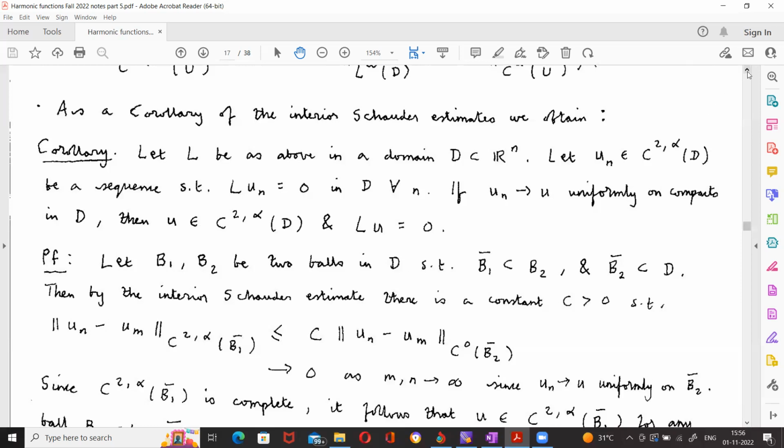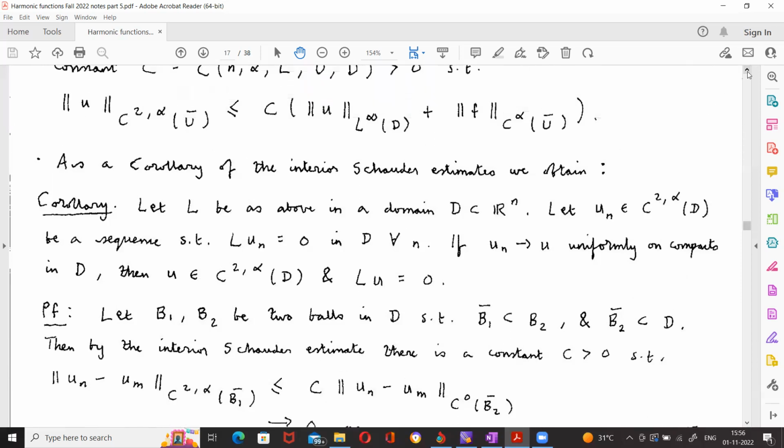So the interior Schauder estimate says the C2,alpha norm of u_n minus u_m is going to be bounded by a constant times the C0 norm on B2. I'm taking, instead of the whole domain D, the ball B2. So the C0 norm on B2 plus this f, which is 0, since Lu is 0, right?